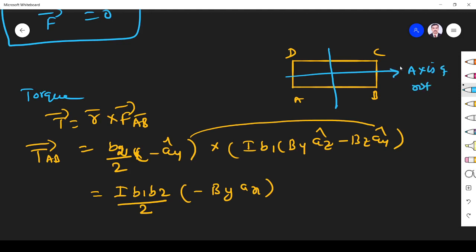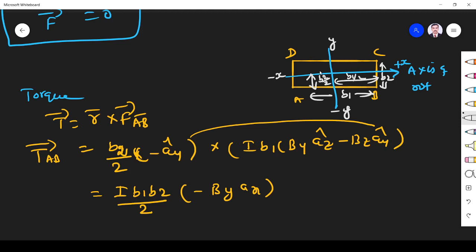So this is plus X, this is minus X, plus Y, minus Y, right? So R, distance from the axis of rotation, the total distance is B2, here the distance is B1, so it is B2 by 2. This distance is B2 by 2. This distance is B1 by 2.